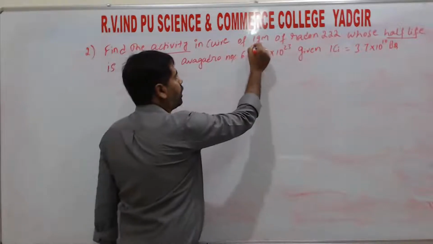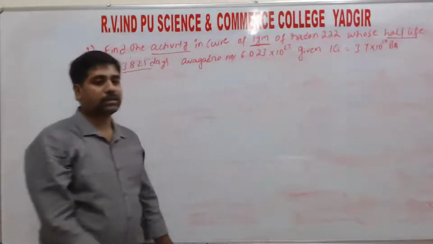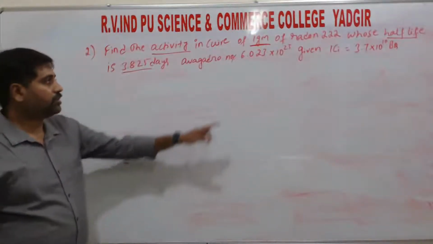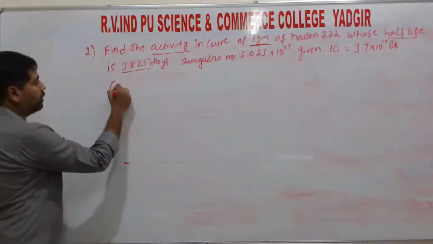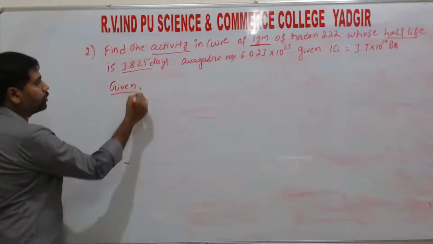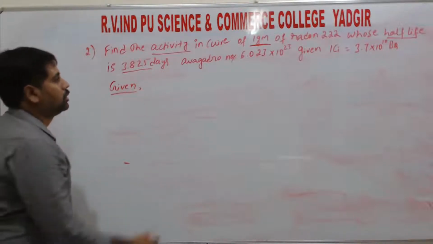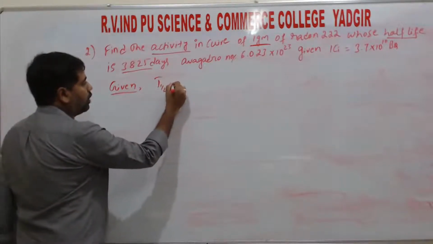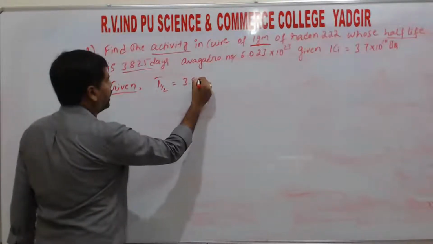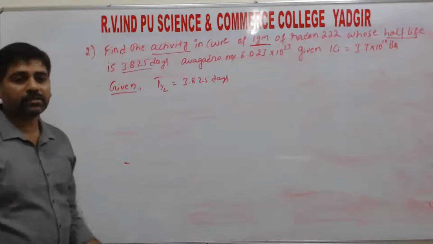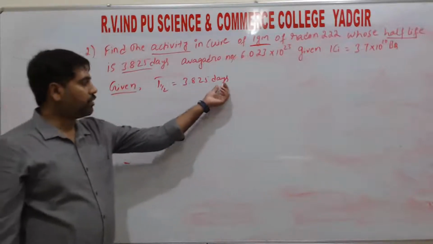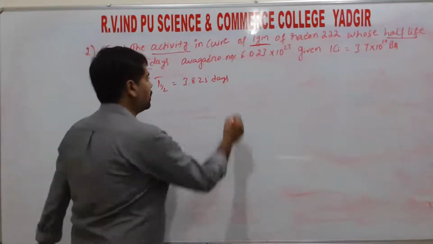So here we need to find the number of nuclei present in 1 gram, right? So given half-life T half is 3.825 days. The SI unit of time is seconds.